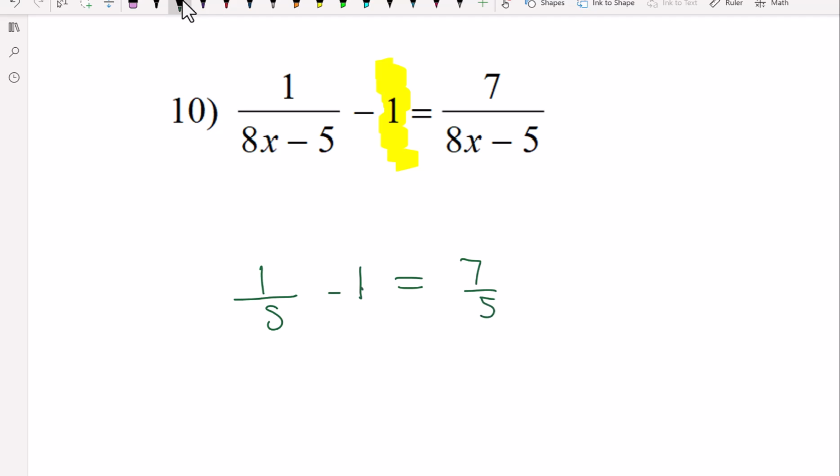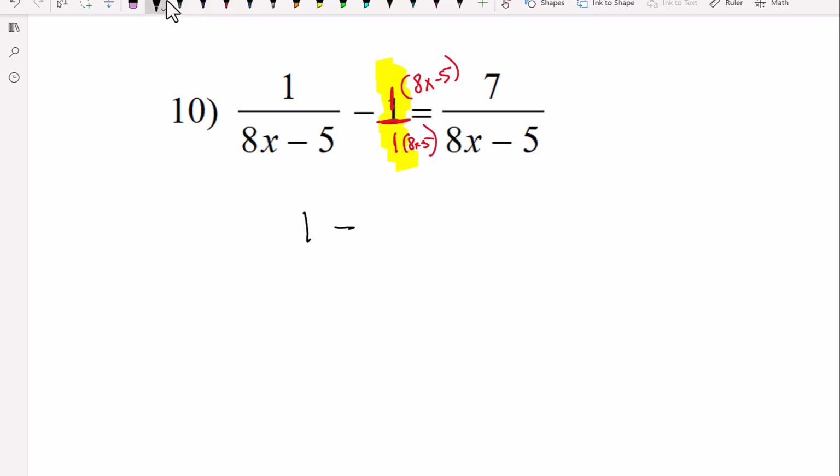Well, I could just turn 1 into 5 over 5. 1 is the same as the numerator and the denominator being the same. So what we're going to do here, this one we're going to rewrite as 1 over 1. And then on both of those, we're going to multiply by 8x subtract 5. Now all the denominators are the same.